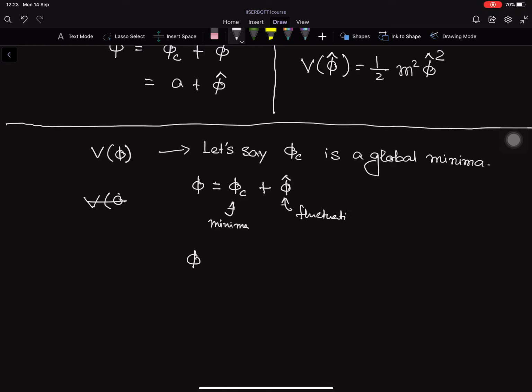Actually, we must write it in a bit more elaborate way. The field depends on space time, and the fluctuation also depends on space time. But the ground state solution, the classical vacuum solution, is space time independent, because we solve for a space time independent solution.